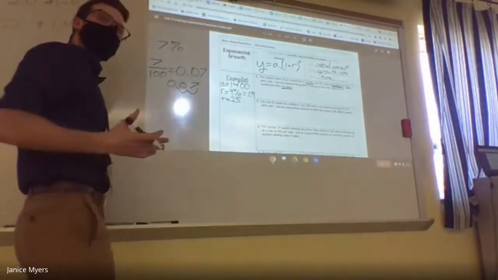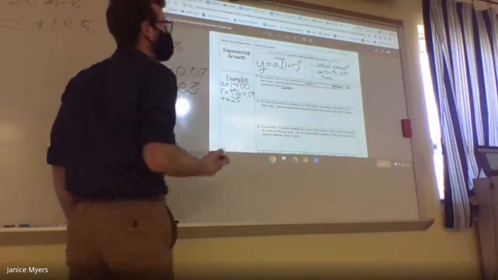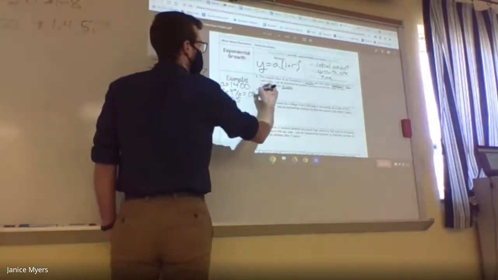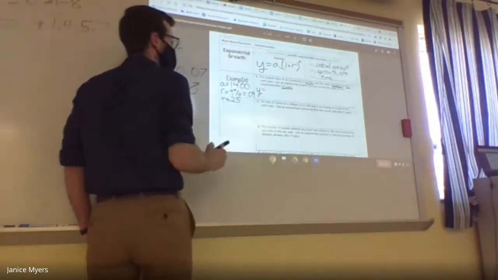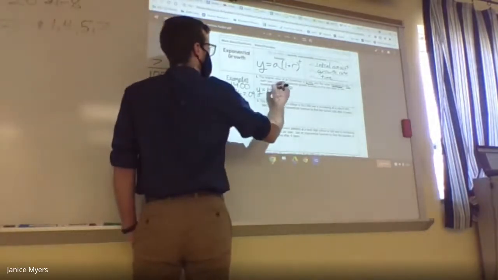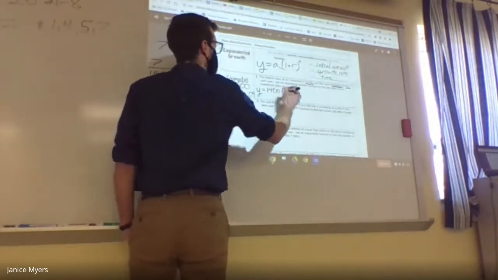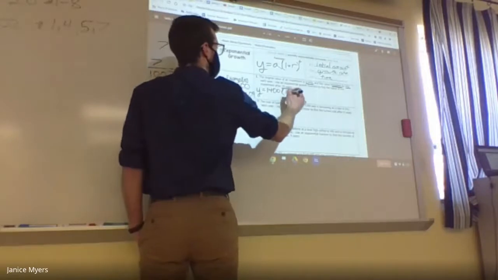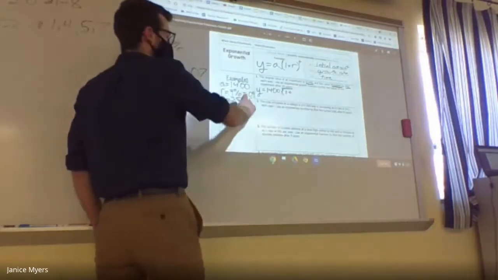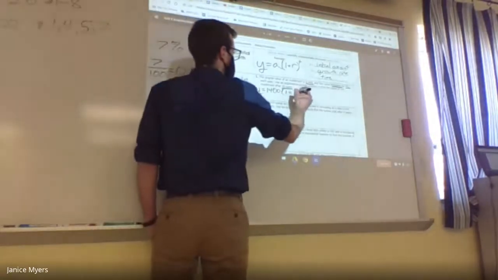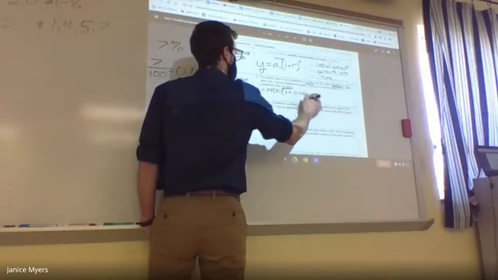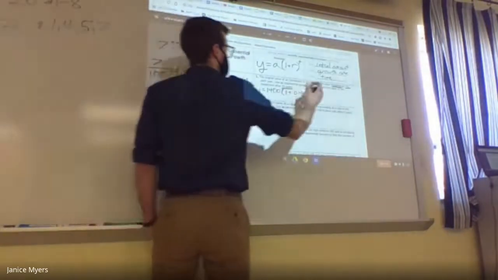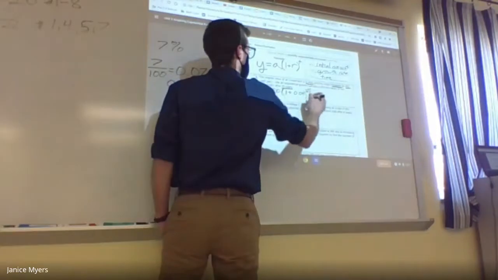So now that we've got all our variables set, what we can do is plug them into our equation here. So we have y equals 1,400 in parentheses 1 plus our rate converted to a decimal, so 0.09, to the power of 25.